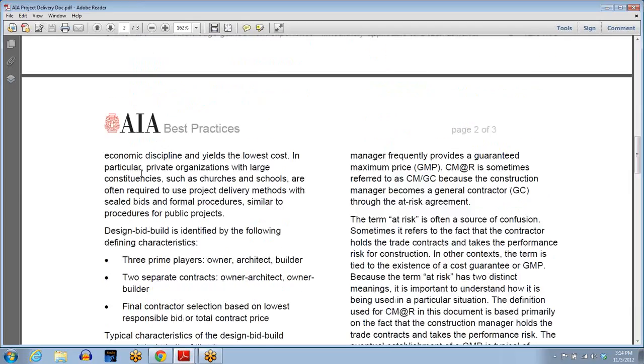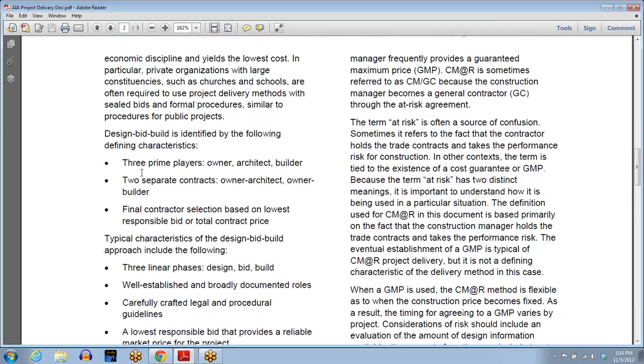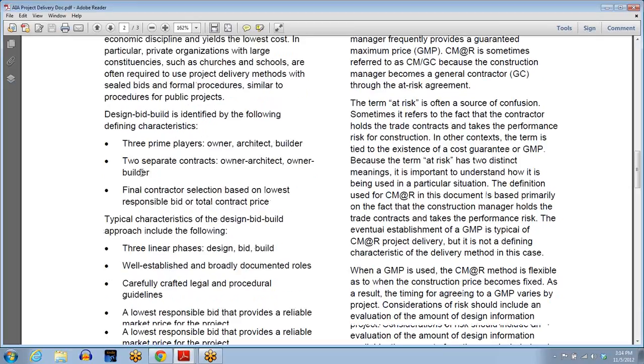Now, it goes through here and talks about how you choose which delivery system to use and explains to us the different characteristics, first of the traditional design, bid, build, 3 prime players, owner, architect, and builder. Matter of fact, it's that way for everyone, for each system, except that the architect and builder are combined in the design build process.